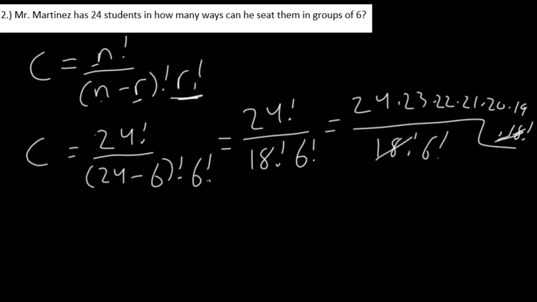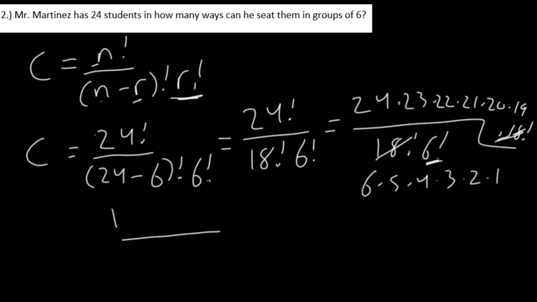And let's go ahead. I'm going to grab my calculator. And here's what I'll do. On the very bottom, where we have 6 factorial, I'll even write that out as 6 times 5 times 4 times 3 times 2 times 1. Well, let's start multiplying these numbers together. So 24 times 23 times 22 times 21 times 20 times 19. And that's going to give us an incredibly large number.